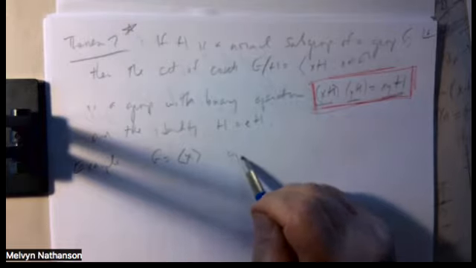Let's look at some examples. Suppose I take G to be the cyclic group of order 6. Suppose I let H be the subgroup generated by x squared.